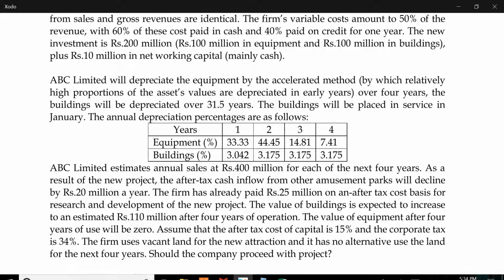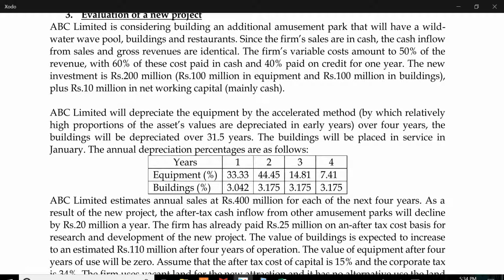Okay, let's start putting this data in those 4 steps. Step 1 is initial outflow, in between flow, terminal flow, and then finally we calculate NPV.